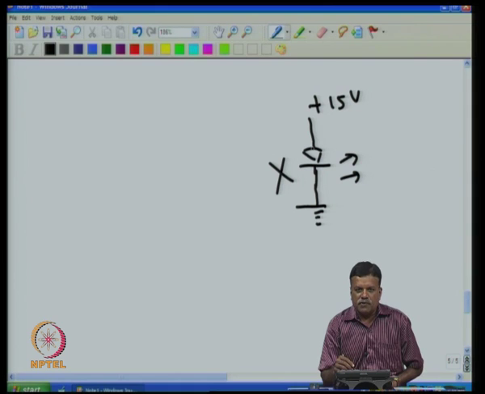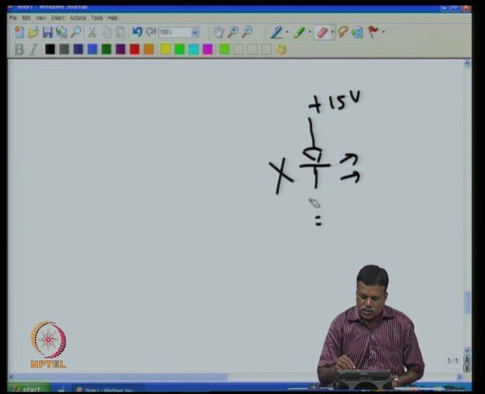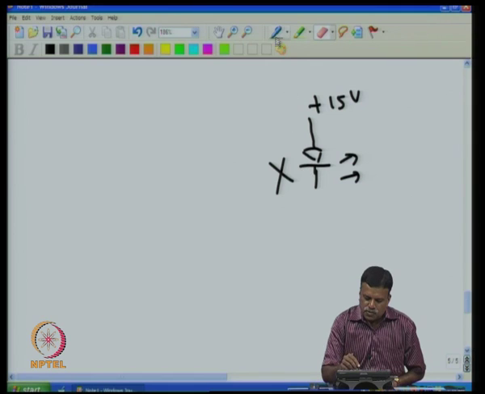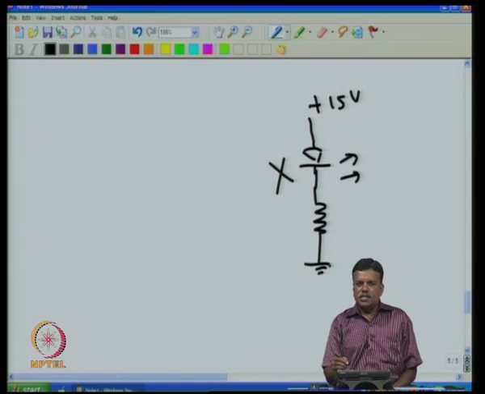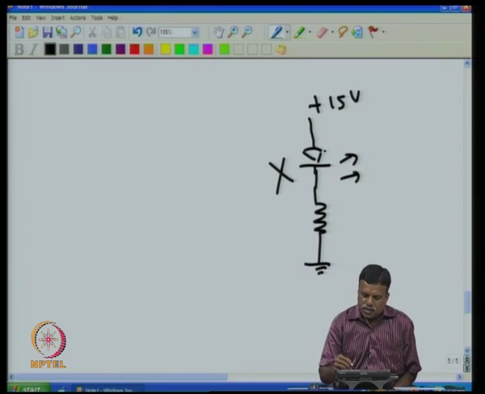That means I should be aware of the basic rule involved in connecting the LED. So, I will not connect this to ground. I have to somehow make sure that only around 1.8 volt appears across the LED, and the rest of the voltage should appear elsewhere. In this case I can put a resistance and connect it to the ground. Now the 15 volt is shared between this LED and the resistance.